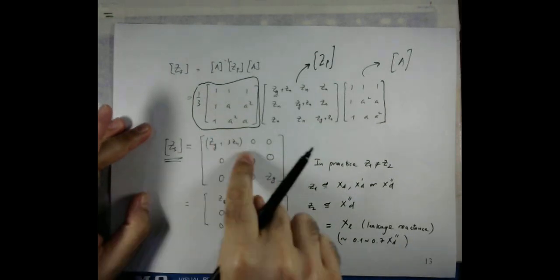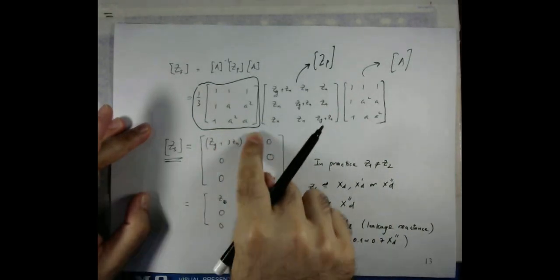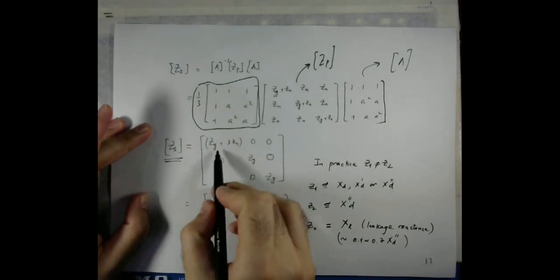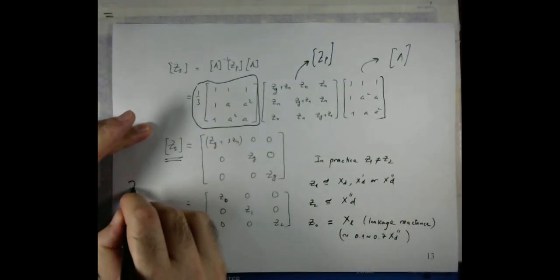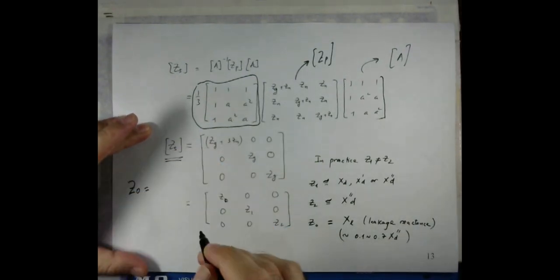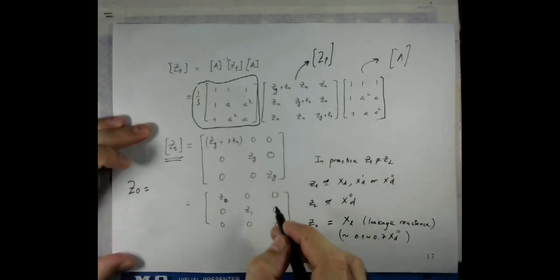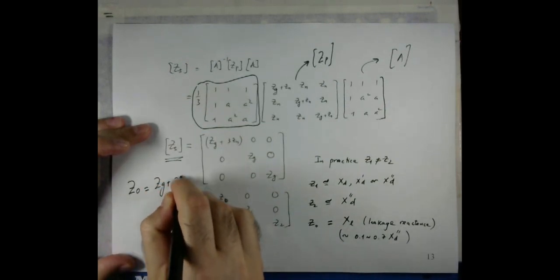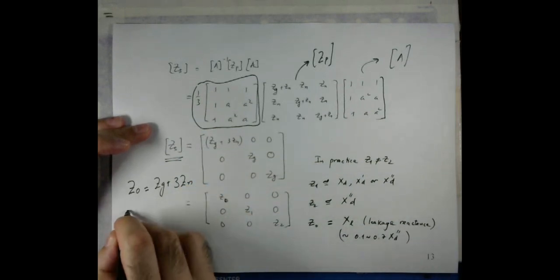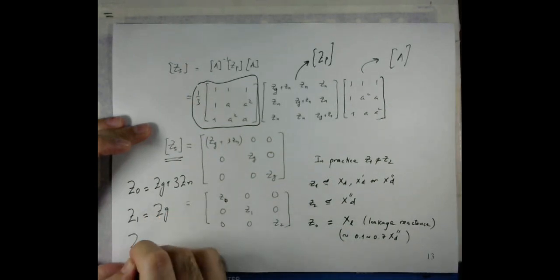So the same case, this is a diagonal matrix where the off diagonal terms are 0, and Z0 is the zero sequence impedance, then positive and negative. So Z0 is equal to Zg plus 3Zn, and Z1 is equal to Zg, and similarly Z2 is equal to Zg.